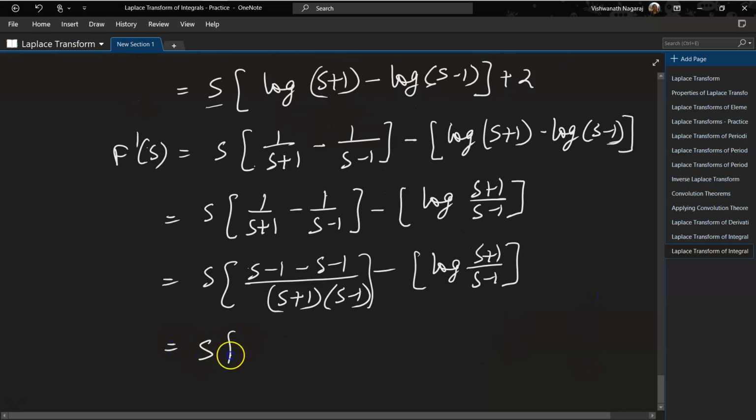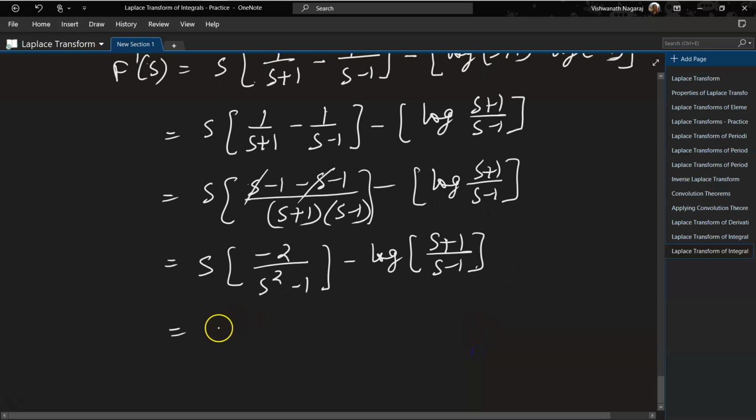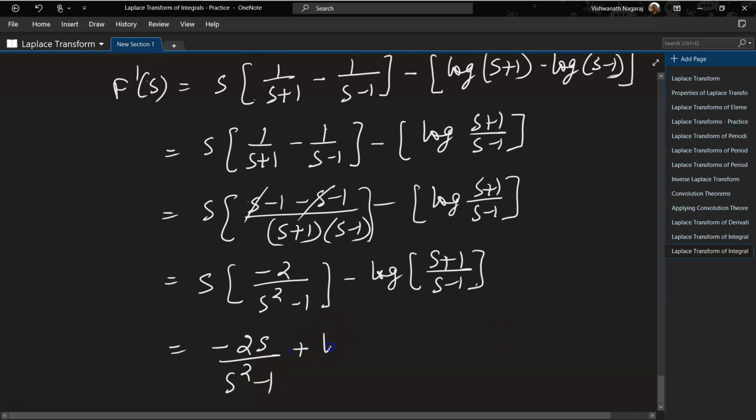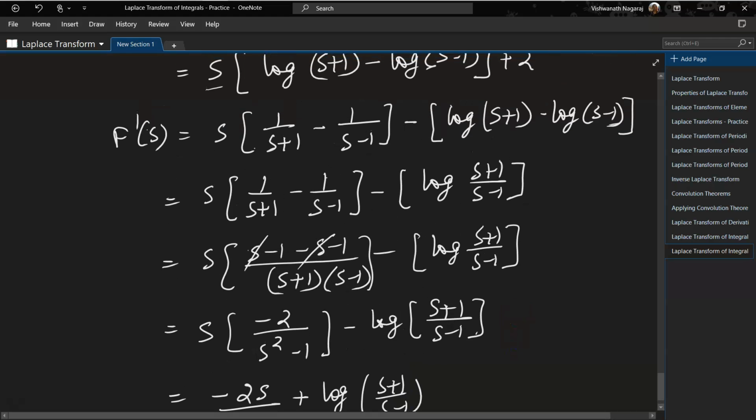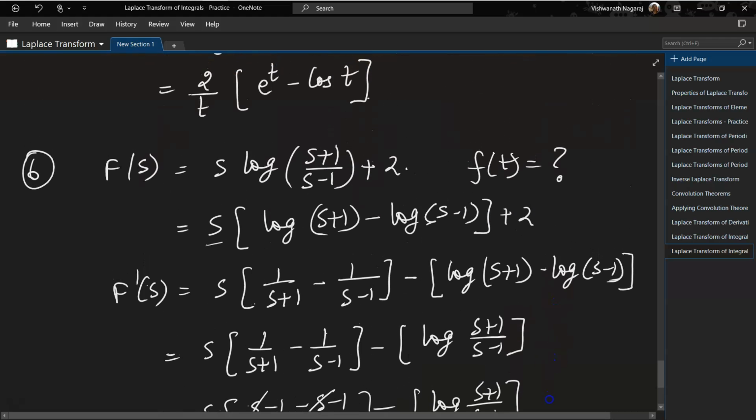This becomes s times, s and s get cancelled, minus 2 by s square minus 1, minus log of s plus 1 by s minus 1. So this becomes minus 2s by s square minus 1, and this should be plus log of s plus 1 by s minus 1. Now, which means we have to figure out where this mistake has been made.